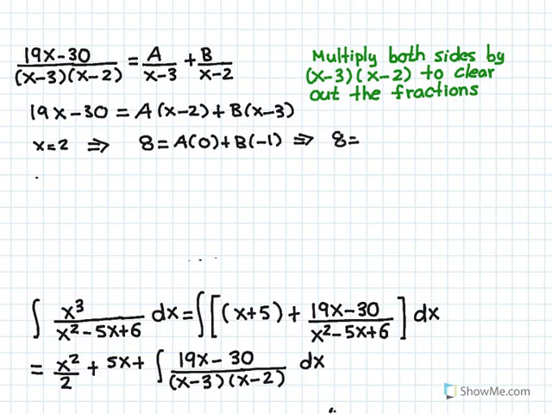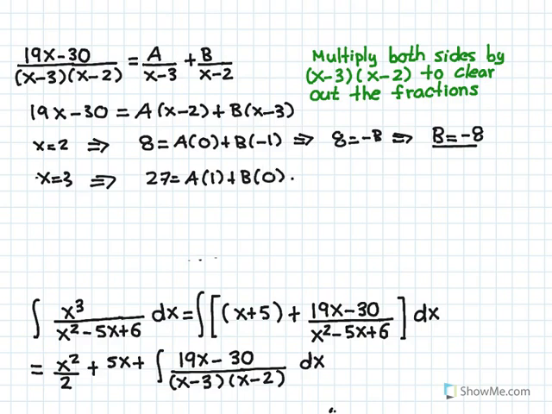That's 8 is equal to negative b, and we get b is equal to minus 8. Now let's plug in x equals 3. 3 times 19 is 57, minus 30 gives us 27. A times 3 minus 2 is 1, plus b times 3 minus 3 is 0. That gives us a is equal to 27.